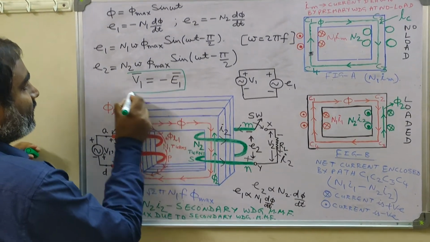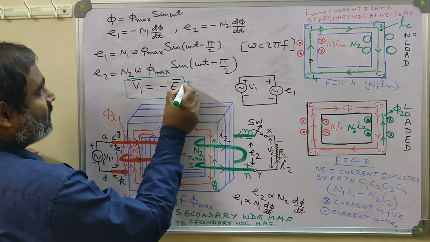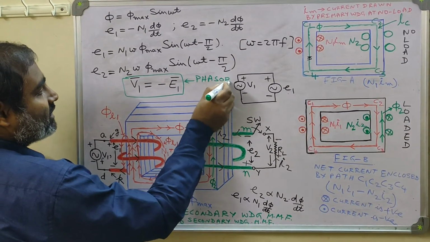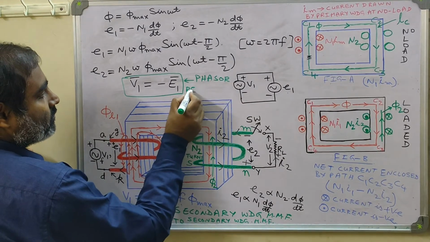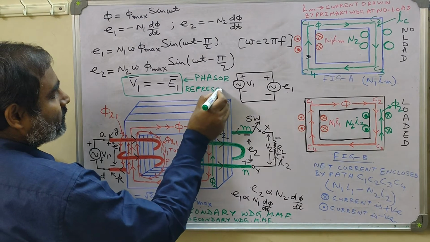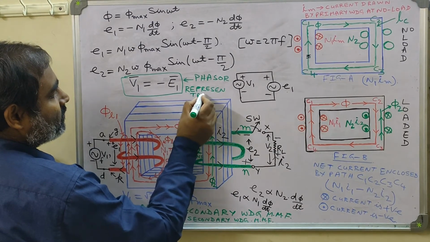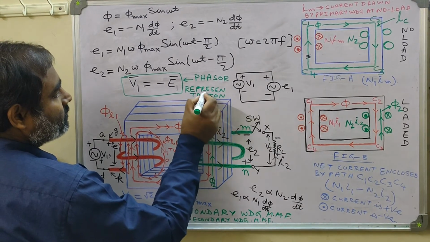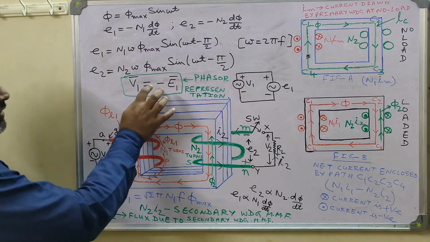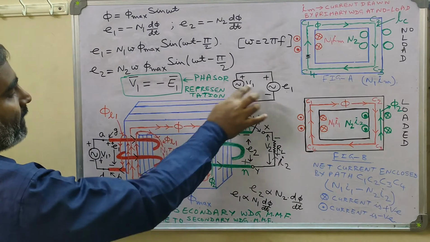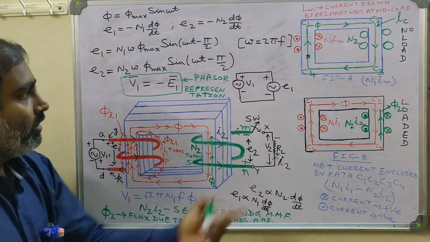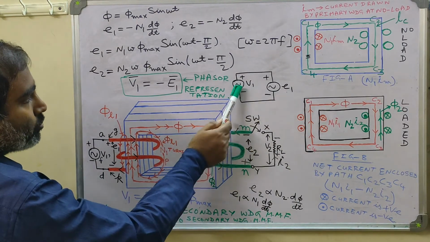So let me indicate. This is the phasor representation of this one, that applied voltage V1 and E1 will be such that induced EMF E1 will always oppose V1.